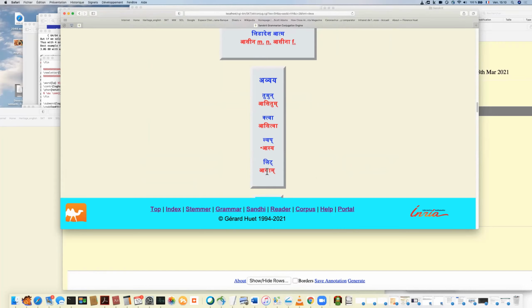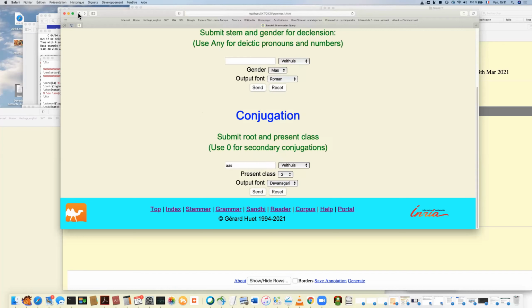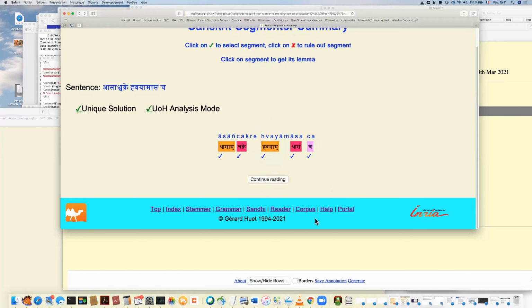It's the initial form of a compound that has this "asa" as first component, and which has a form of the lit perfect of one of the auxiliaries. So these are like verbal compounds.